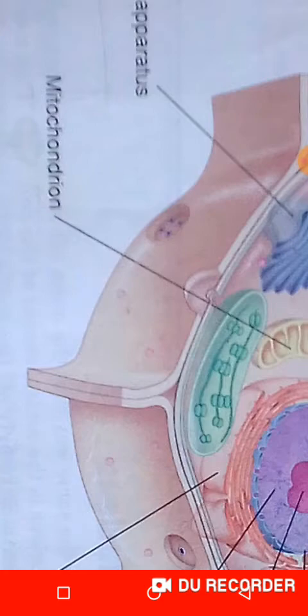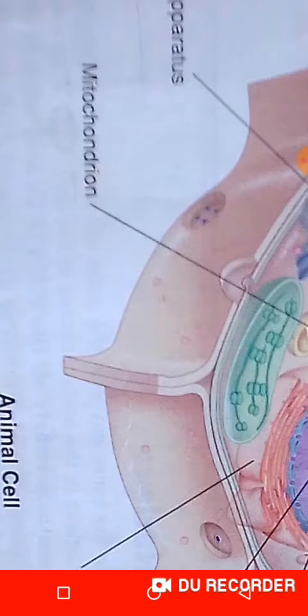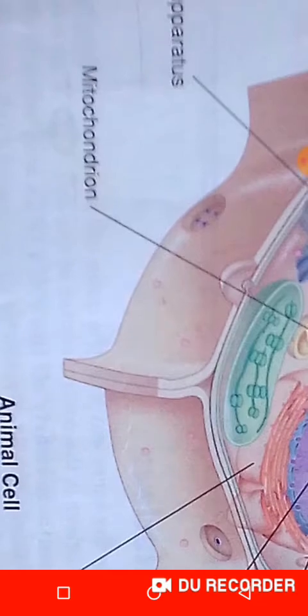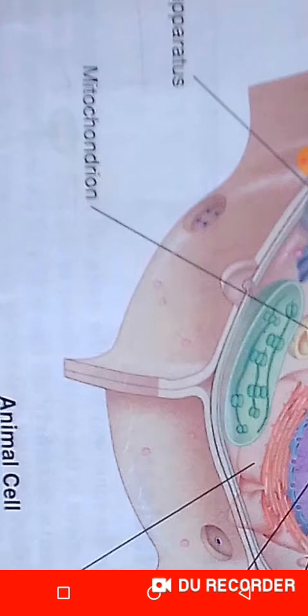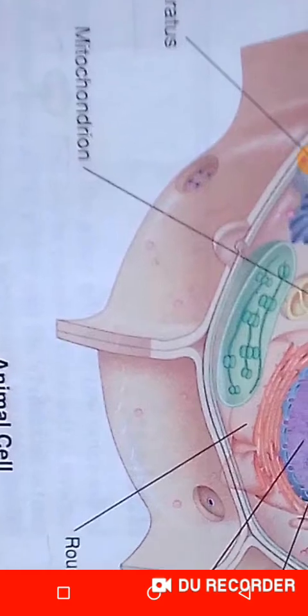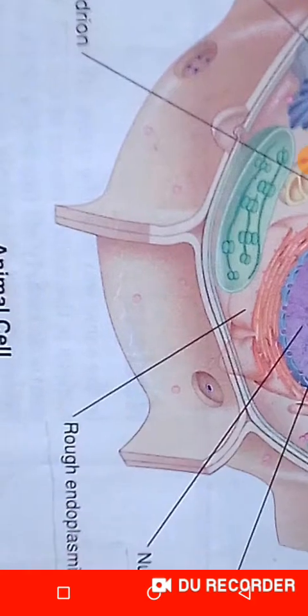Respiration is a process whereby glucose reacts with oxygen to release energy. Therefore, it means energy is released in the mitochondria by the process called respiration. Therefore, respiration takes place in the mitochondria.